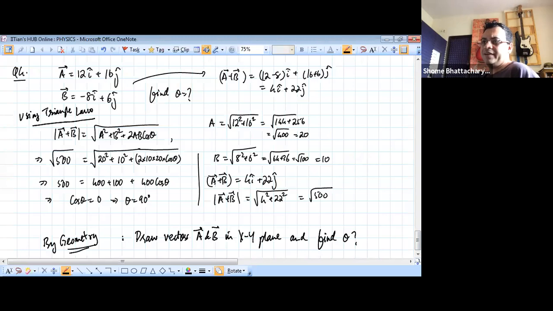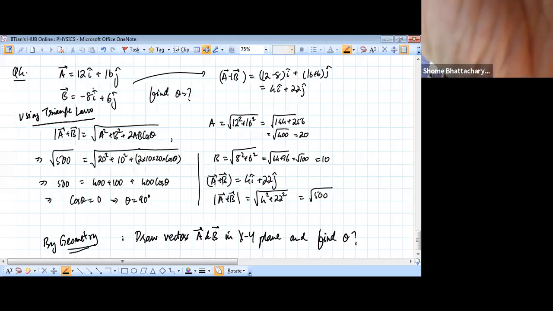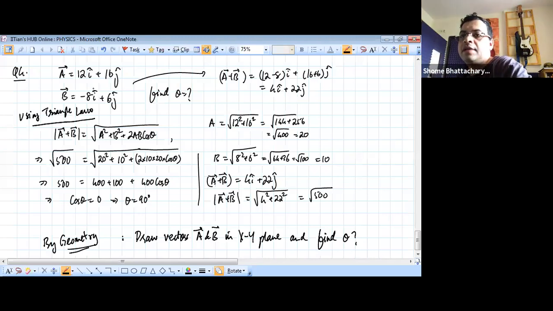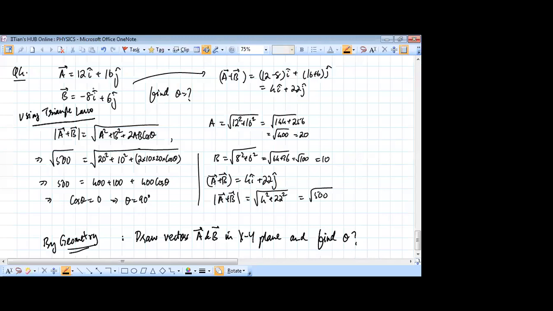You can geometrically draw the two vectors A and B, and from the diagram, you can figure out the angle between them. Try working it out by geometry, all of you. Finish writing down this method first and then try it by the second method I have written below.